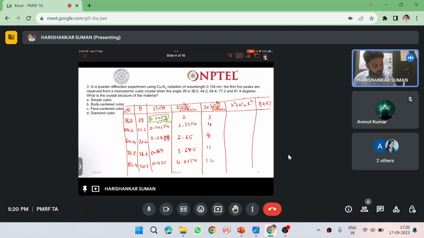So h square plus k square plus l square will be equal to 1.1, 2, 2, 2, 2, 2, 2.